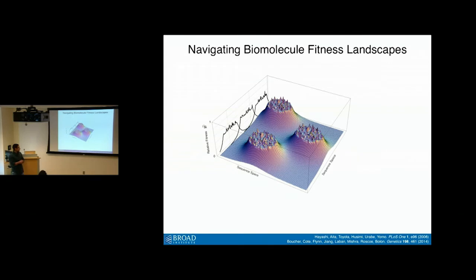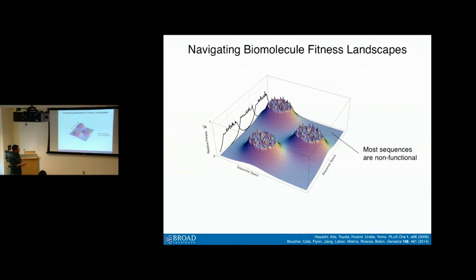This is usually shown in a pictorial representation like this, where there is some sort of sequence space plotted on the XY, where the z-axis reflects some sort of fitness. You can think of this as things like stability or activity of any sort of biomolecule.